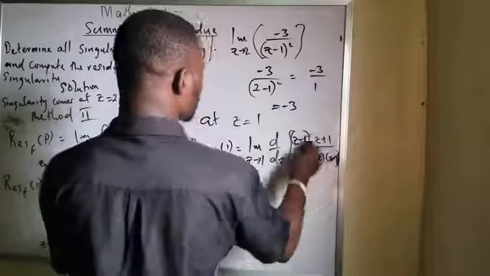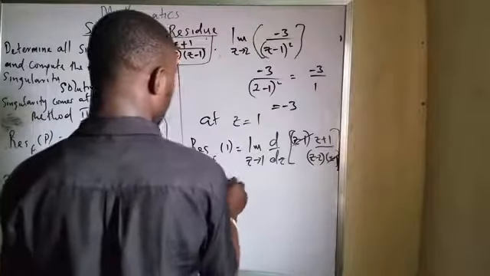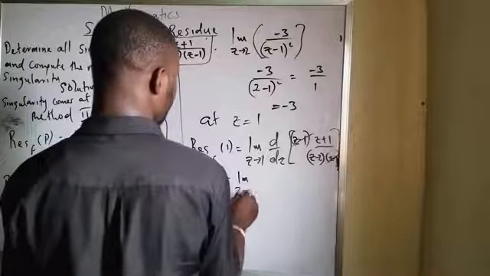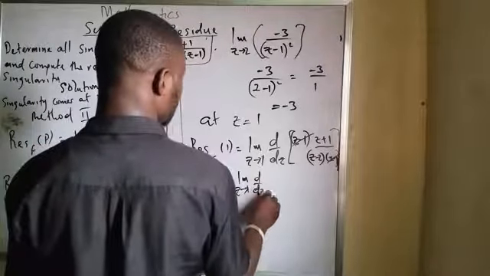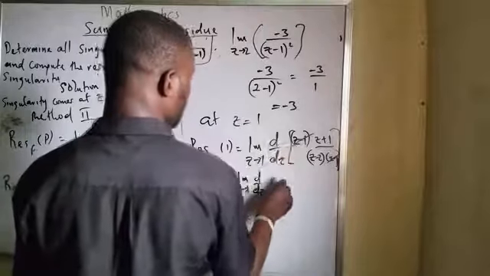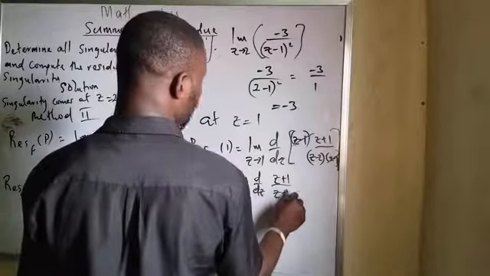Now, this will cancel this. It means I'll have the limit of z to 1 of d over dz of (z plus 1) divided by (z minus 2).